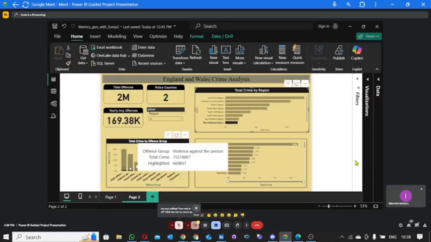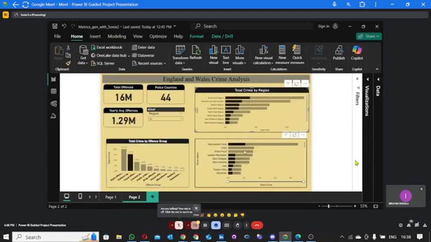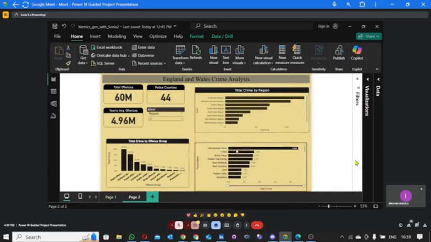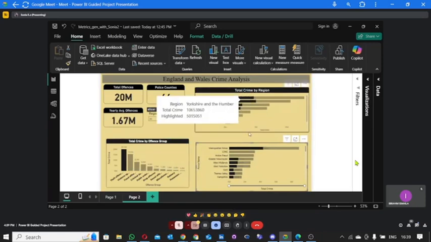All these visualizations are related to each other. So if you touch any one of them, it will show you the places that are affected. For example, this is the highest in all. So let me touch theft offenses. Theft offenses is not predominant in the Southeastern region.